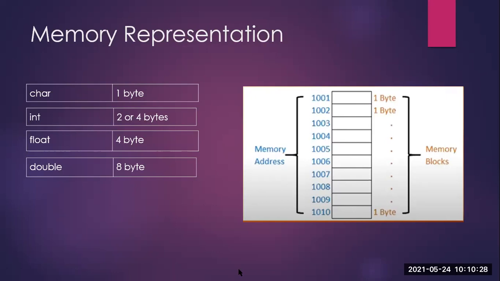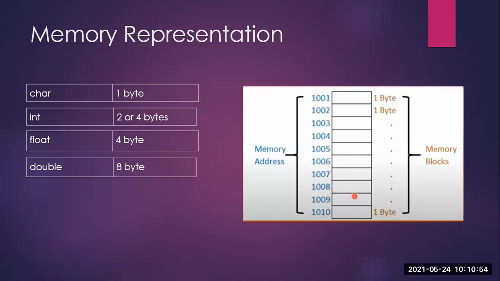Okay. Now what we need to understand here is, have a look here. There are some numbers written starting from 1001 moving up to 1010. This rectangular image that you see here is just a small block of memory from the computer's memory.